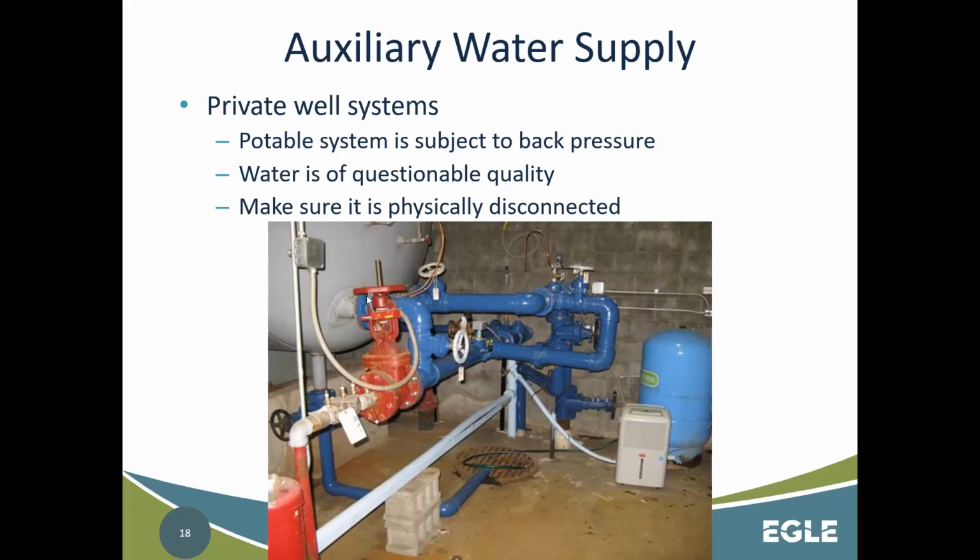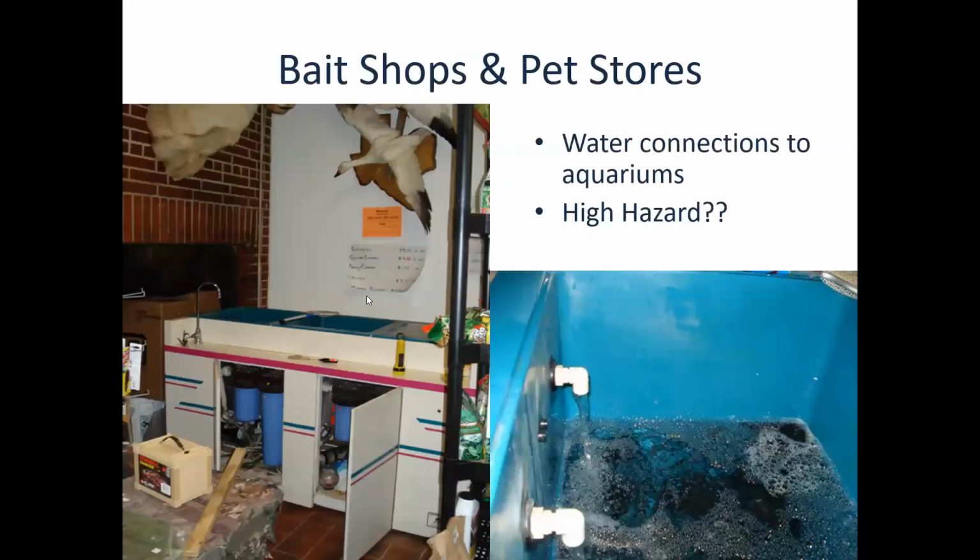So this is always a fun one to bring up because a lot of people might not think of these ones. But bait shops and pet stores are another potential cross-connection risk. Because if it comes down to looking at it, if they've got aquariums, if they've got their bait tanks, that water needs to come from somewhere.